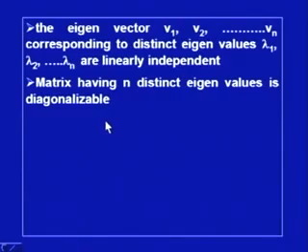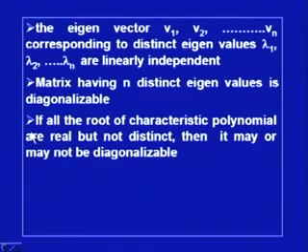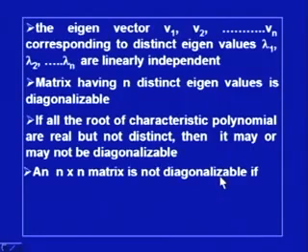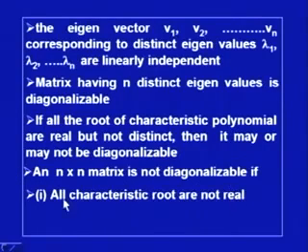So, if a matrix has distinct eigenvalues, then we can find linearly independent eigenvectors, and the matrix can be diagonalized. But if the roots of the characteristic polynomial are real but not distinct, then we may be able to diagonalize it or we may not. Like in one example I have shown that it cannot be diagonalized, while in another example the matrix can be diagonalized. Now, we say that an n by n matrix is not diagonalizable if all characteristic roots are not real.